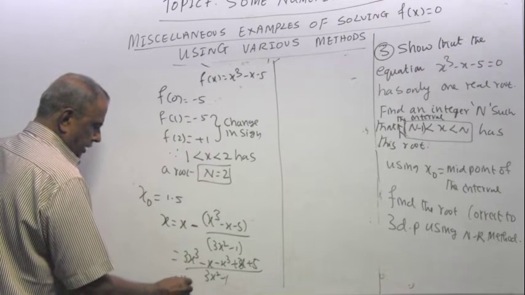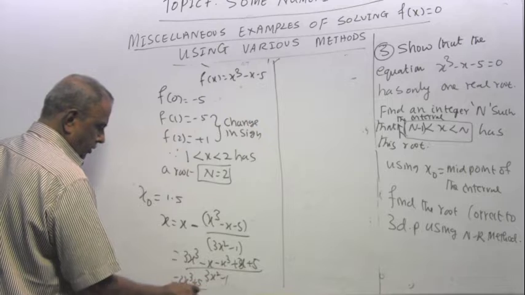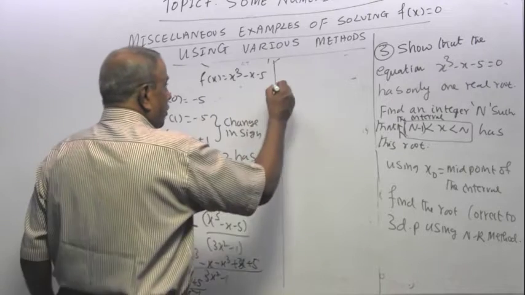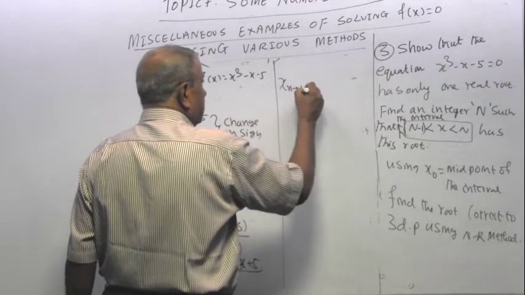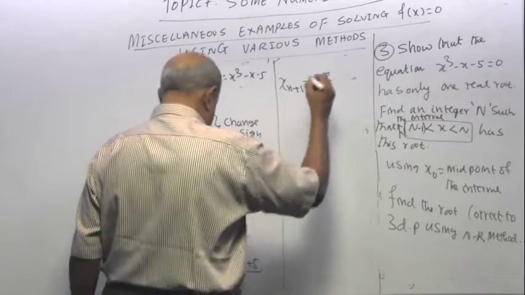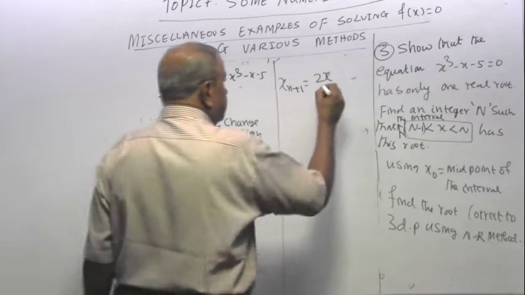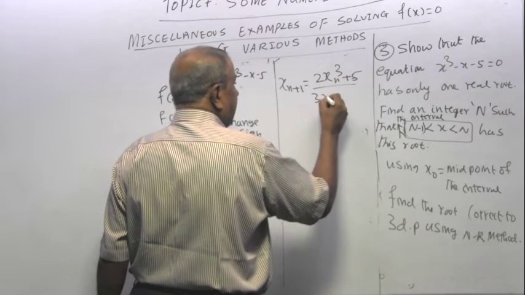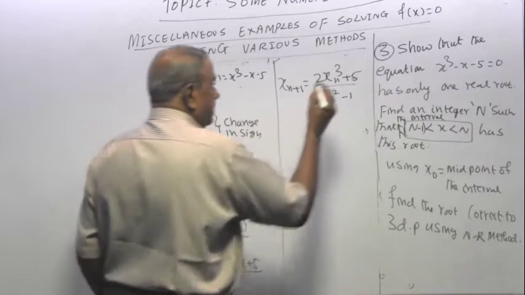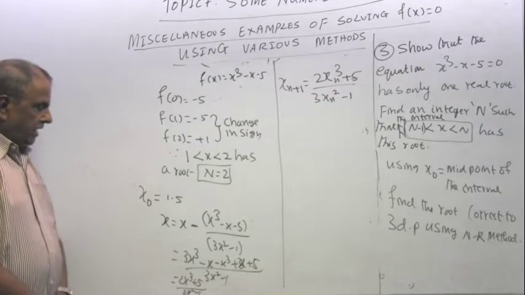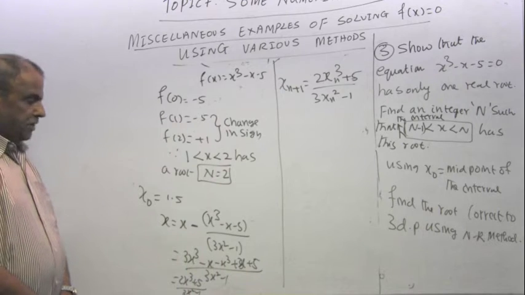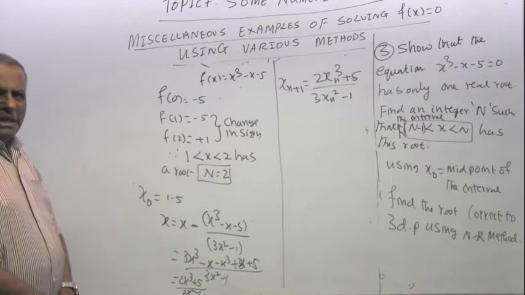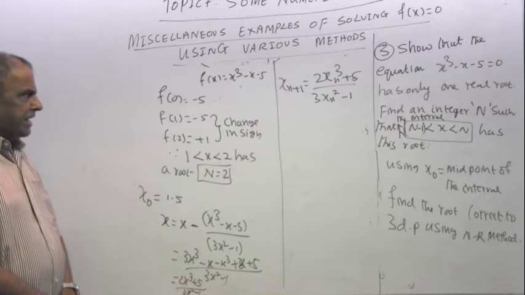So that becomes (2x cubed plus 5) over (3x squared minus 1). So x n plus 1 equals (2 x n cubed plus 5) over (3 x n squared minus 1). See, life is much easier when you convert it into a single fraction. It takes a bit of time, but it makes life easier, definitely.